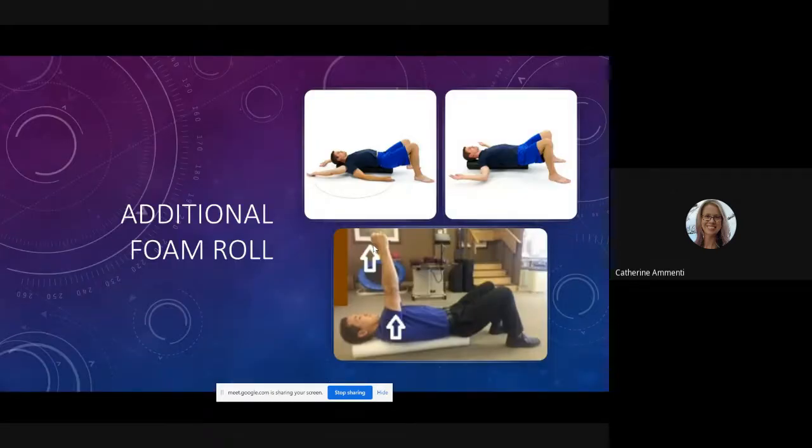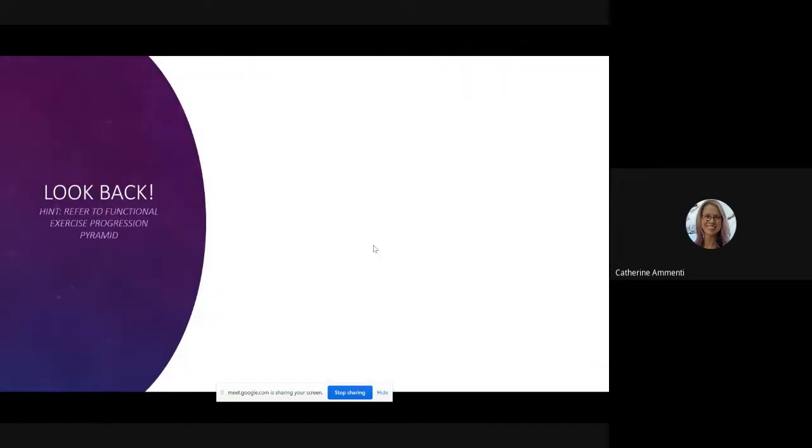Foam roll is a good way for mobilizing the thoracic spine and also, as you can see, increasing flexibility in the shoulders. I've even done abdominal stabilization training on a foam roll because it's a little bit more unstable versus laying on the floor.